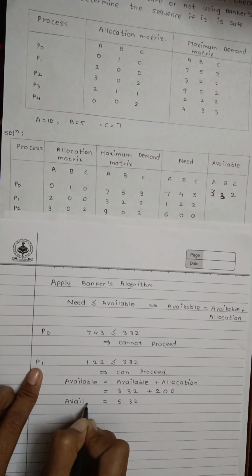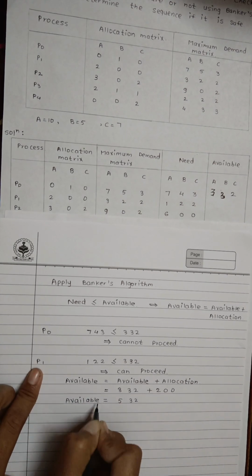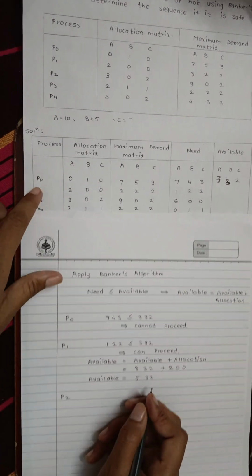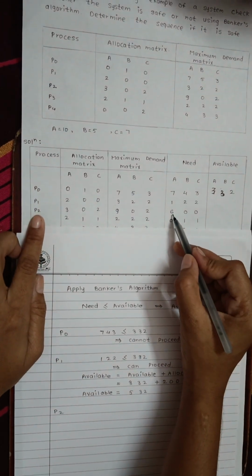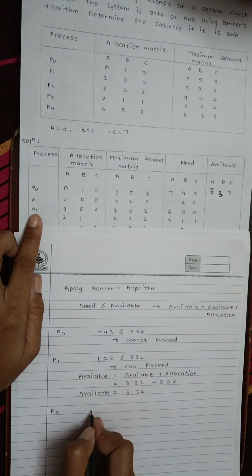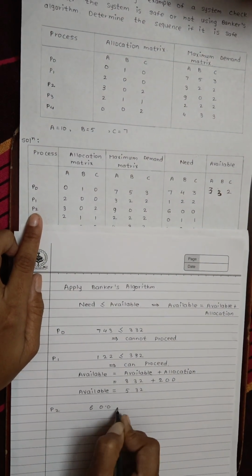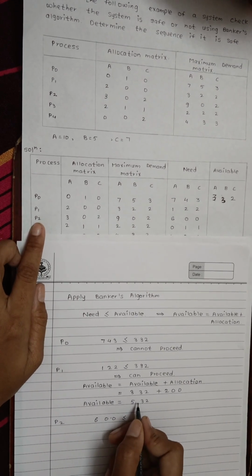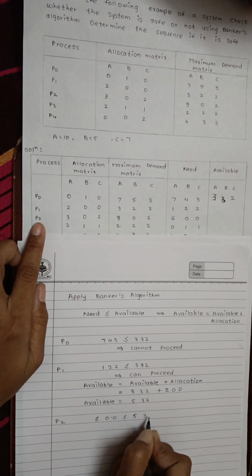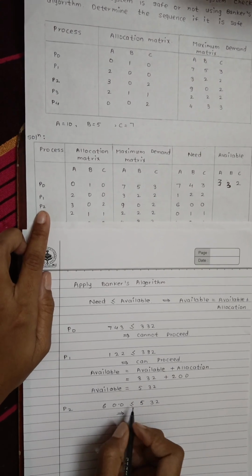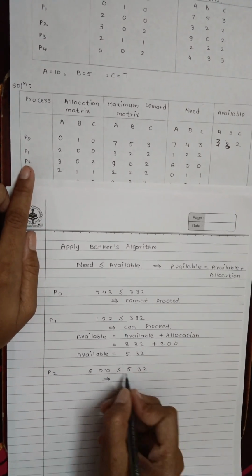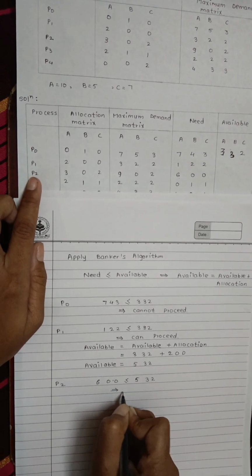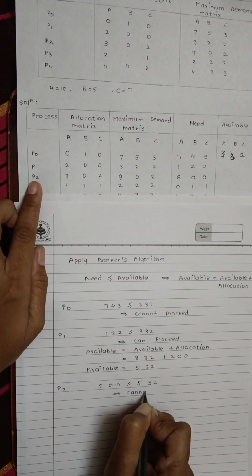Then available is equal to 5 3 2. For process P2, need is 6 0 0, compared with the updated available 5 3 2. Is 6 0 0 less than or equal to 5 3 2? The condition is not satisfied, so we cannot proceed.